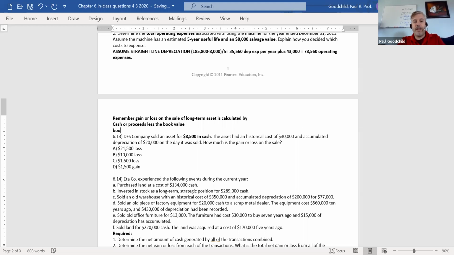And remember, book value equals the historical cost plus if we made any improvements that we added to it, minus accumulated depreciation.